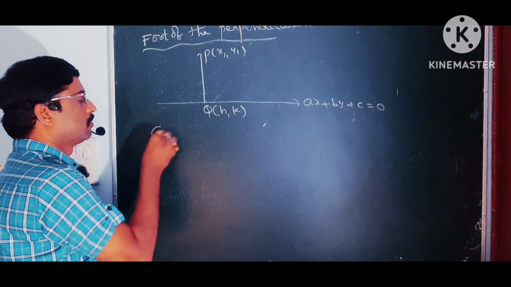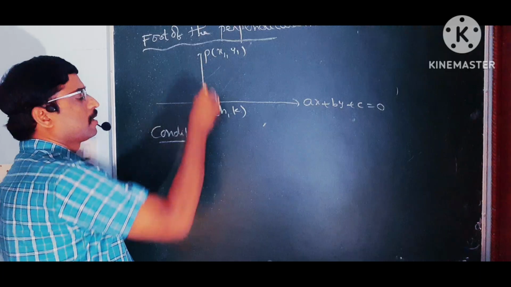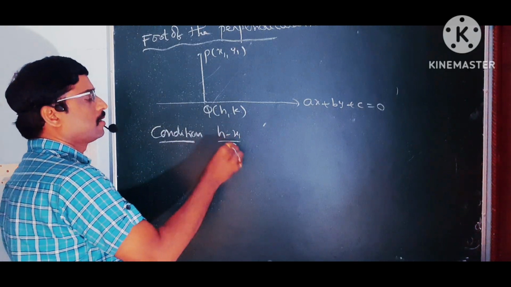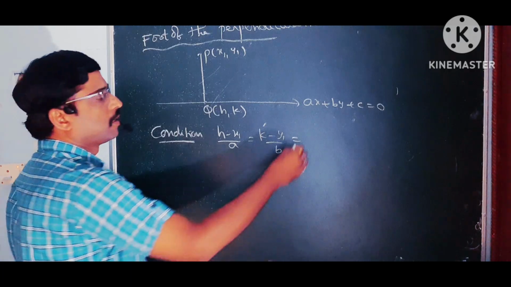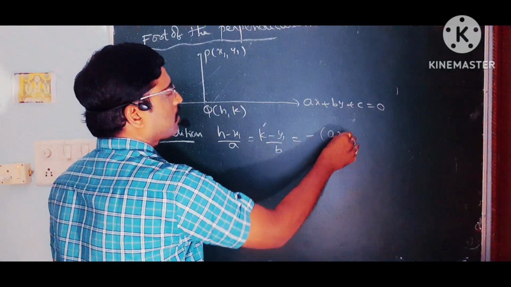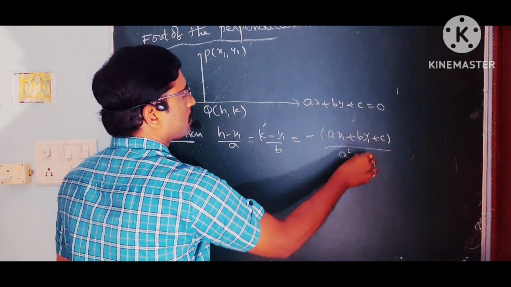Then the condition is (h minus x1) by A is equal to (k minus y1) by B is equal to minus of (Ax1 plus By1 plus C) by (A square plus B square).